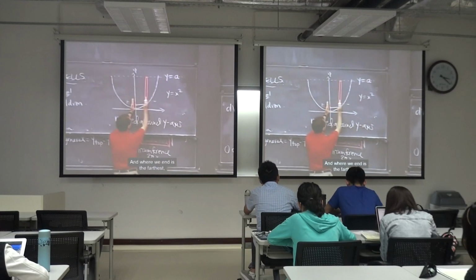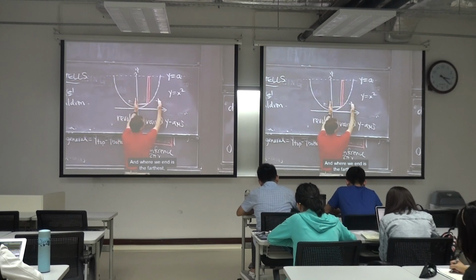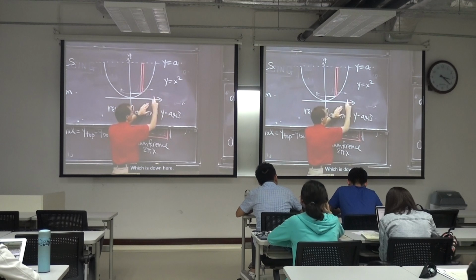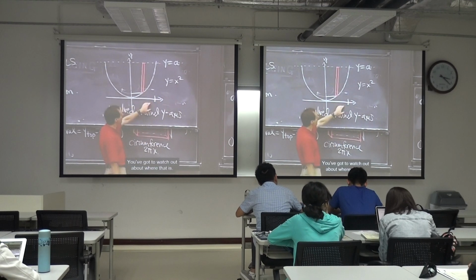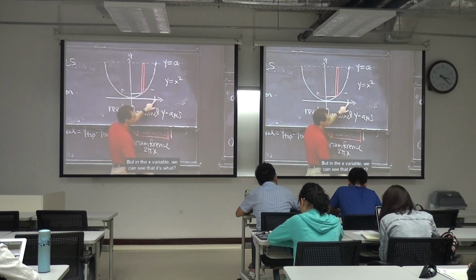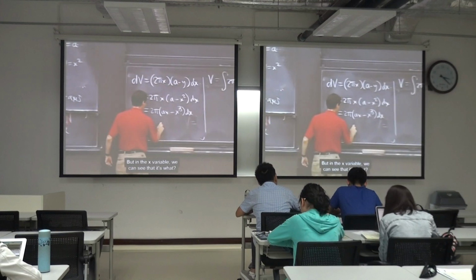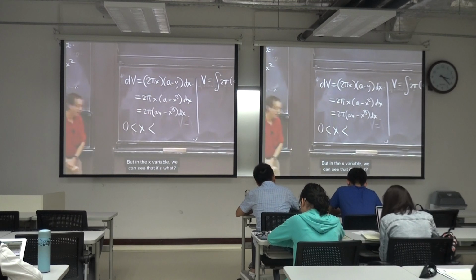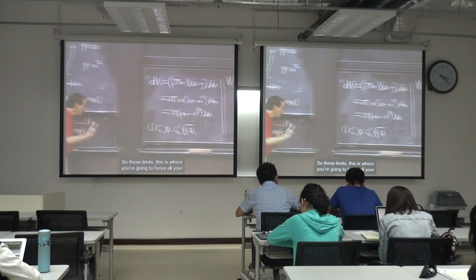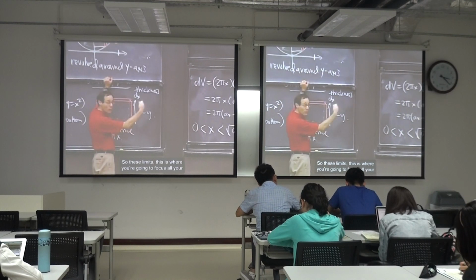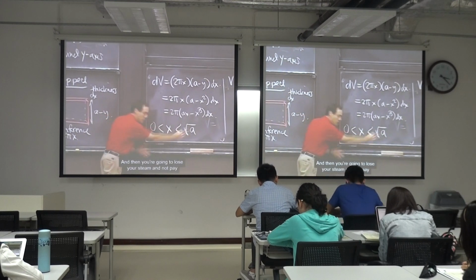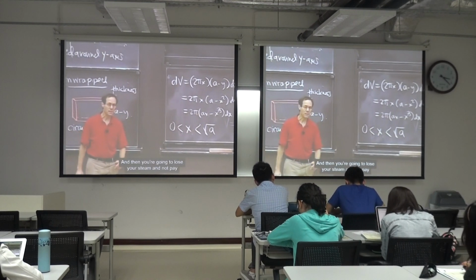And where we end is the farthest rightmost spot for x, which is down here. And you've got to watch out about where that is. In the y variable, it's up at y equals a. But in the x variable, we can see that it's what? It's the square root of a. All right, so with these limits, you're going to focus all your attention on the integrand and getting it just right, and then you're going to lose your steam and not pay attention to the limits.